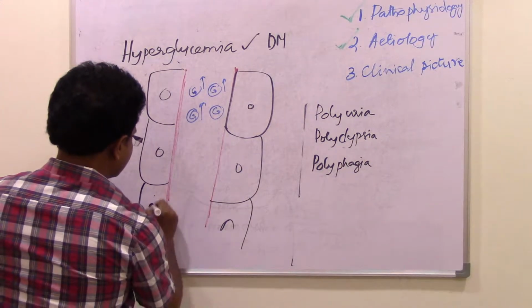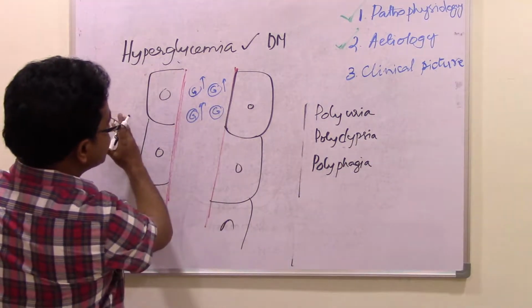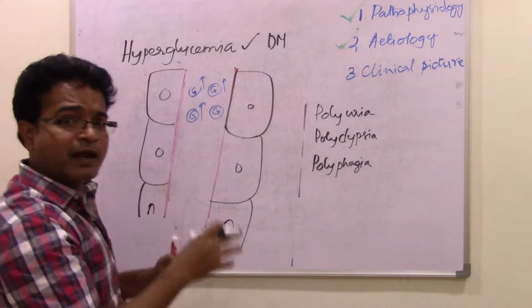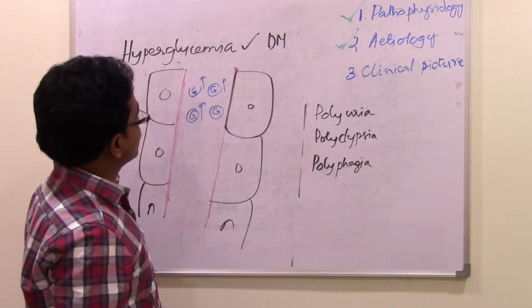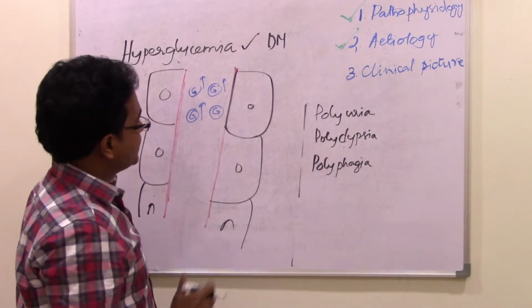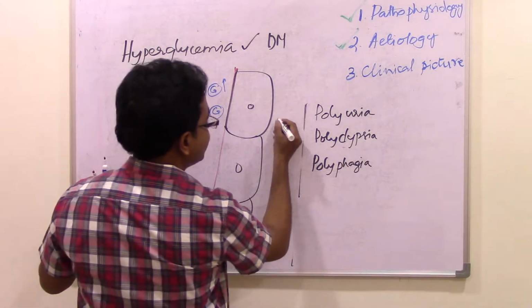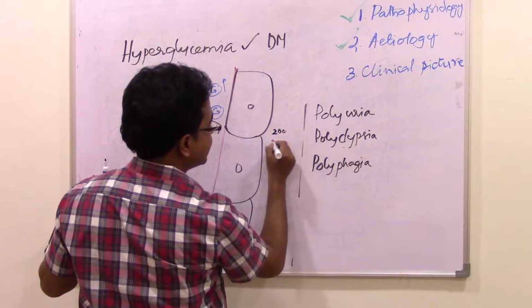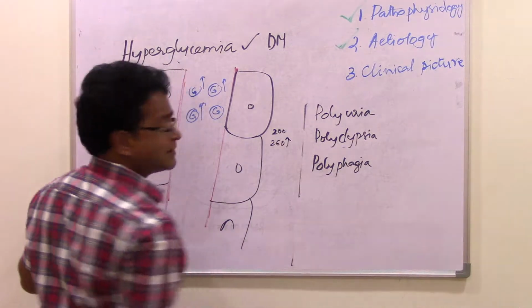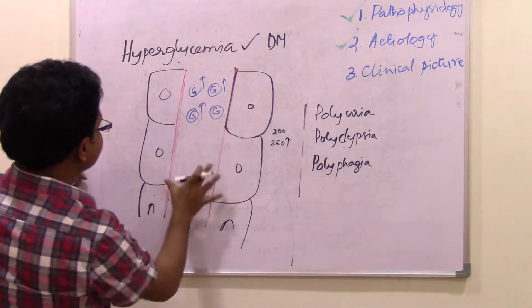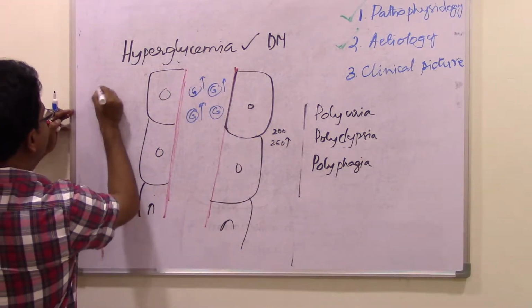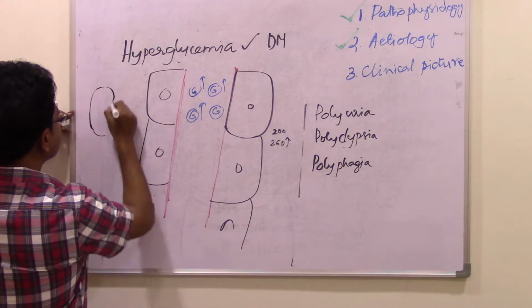It is not going into the cells because the cells don't have demand for this excess glucose. So what should happen? It rises normally from 100 to 200, and once it crosses 260, all the blood is going through what? Our kidney for filtration.